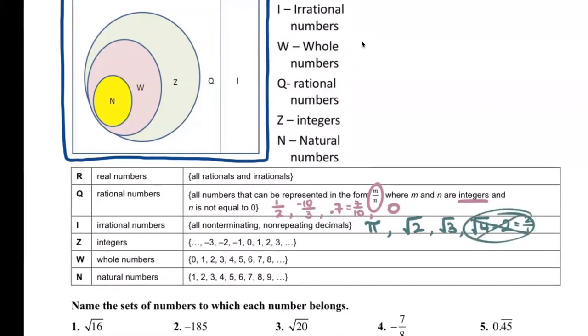Again, under the overarching umbrella of real numbers, there are two categories, rational and irrational. And under the rational numbers, you can also have integers, whole numbers, and natural numbers.